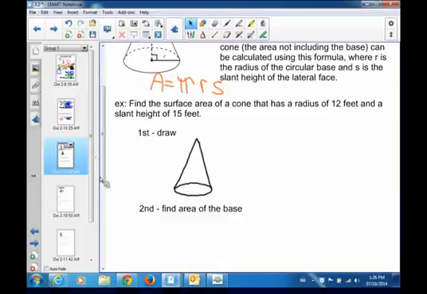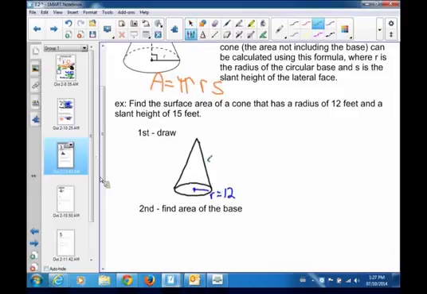So, find the surface area of the cone that has a radius of 12 feet and a slant height, that's different than the height, of 15 feet. So, just draw like this. The radius is 12.